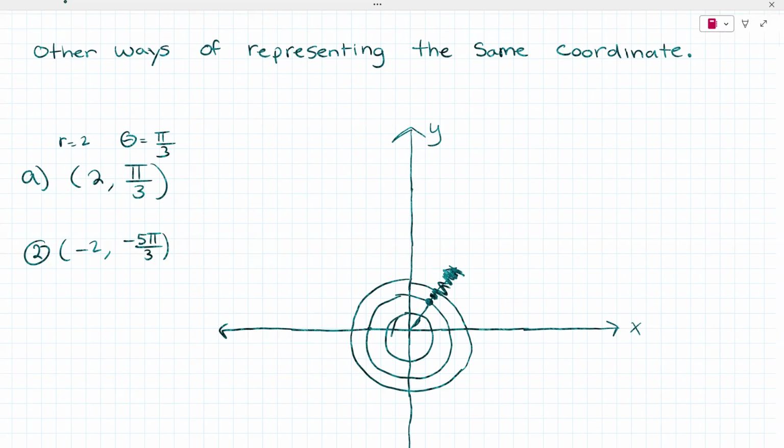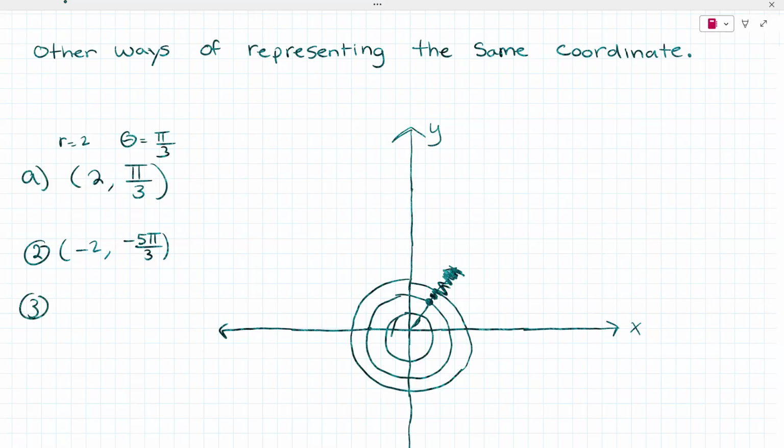If our radius is -2, and then I go -300, you're going this way. So this is -90, -180, and then -300 would be right here. So yeah, that would give you the same position.